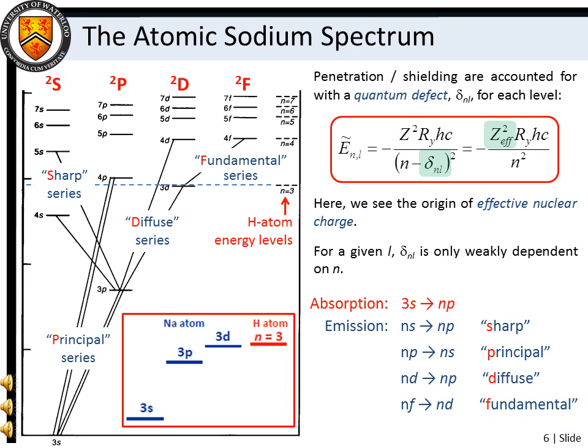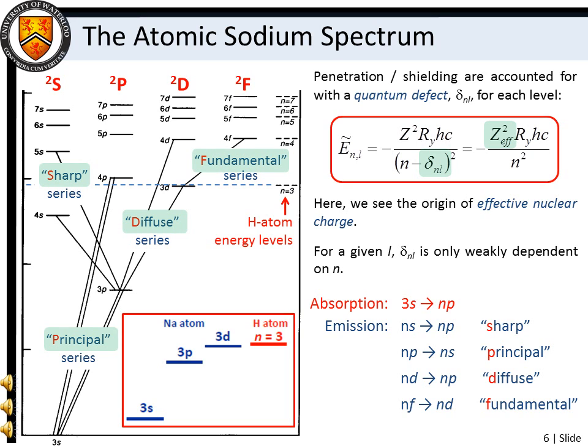The energy level diagram on the left shows that the emission spectrum of atomic sodium is enriched by the fact that level energy is also dependent on the orbital angular momentum quantum number. The emission spectrum of atomic sodium is dominated by 4 spectral series, traditionally known as the sharp series, the principal series, the diffuse series, and the fundamental series.